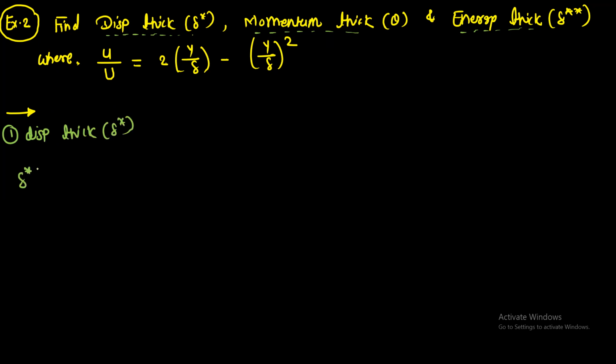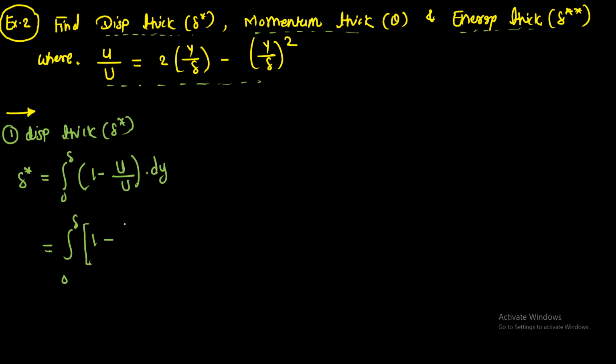So the formula is delta star is equal to integration 0 to delta in bracket 1 minus u upon capital U into dy. Okay. Now just put this value as it is and replace this u upon U. So this is equal to integration 0 to delta 1 minus, now put this complete value, 2 y upon delta minus y upon delta square, into dy.